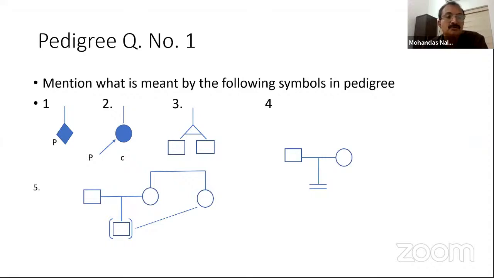Okay. So there are so many symbols used in drawing a pedigree. Here I have shown 5 of them, and you should tell what it means. These symbols are given as a chart in Nelson. I think all of you might have gone through that.